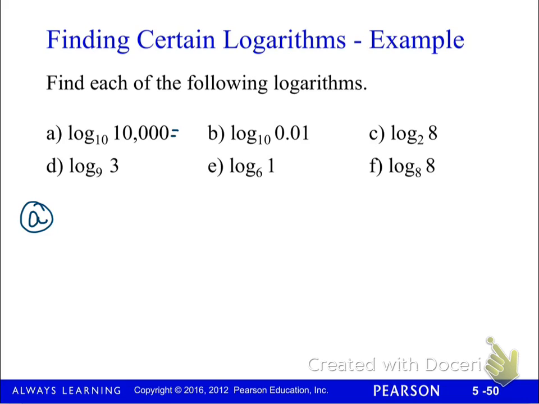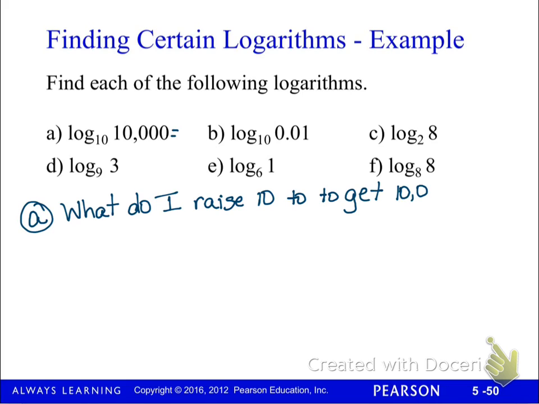So I am asking myself, what do I raise 10 to get 10,000? So I am going to raise 10 to some number. I don't know what that number is, but I am going to say 10 raised to some power is going to equal 10,000.